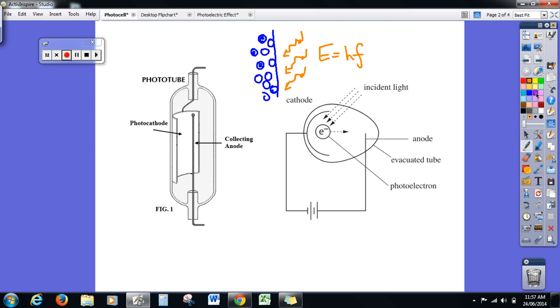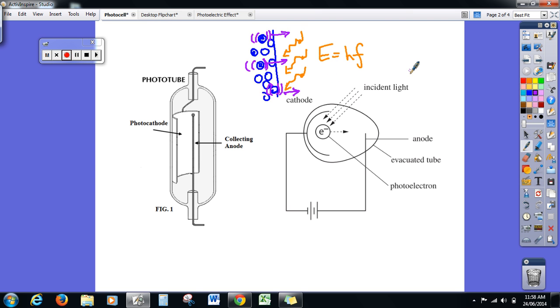If this energy is exactly correct for an electron to be liberated from the surface, then one or more electrons might become stimulated and energized, and they move away from the surface.